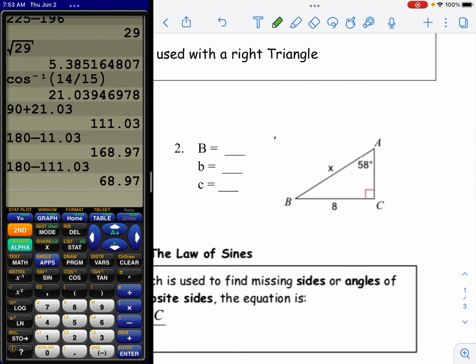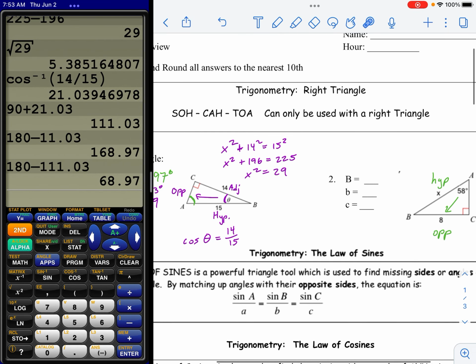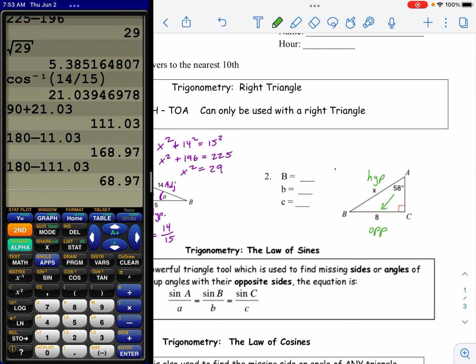I'm gonna dive in right away with this one. Label it O and H. I'm not even gonna label this side because, well, I don't have it and I don't need it. So when I have O and H, SOHCAHTOA, O and H is S, so it is a sine equation.